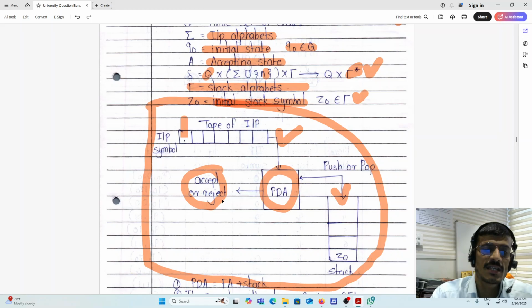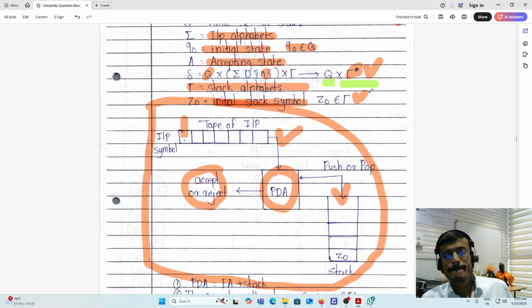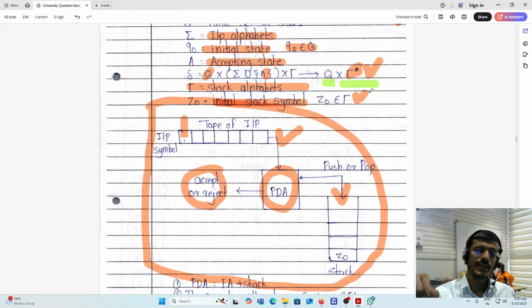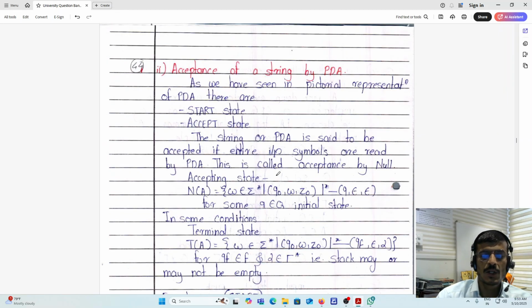So you have to take the current state, that is Q, then take the input symbol from this tape, then also take the top of the stack symbol, and it gives you a new state with some string pushed or popped in the given stack. So this diagram and the above description are very important, as I mentioned below also.